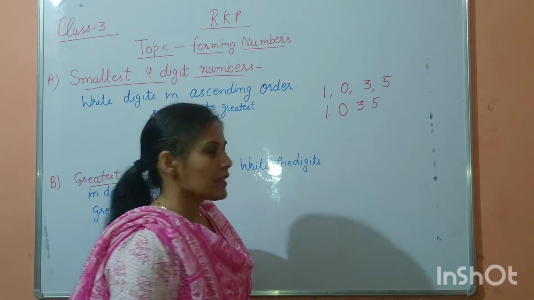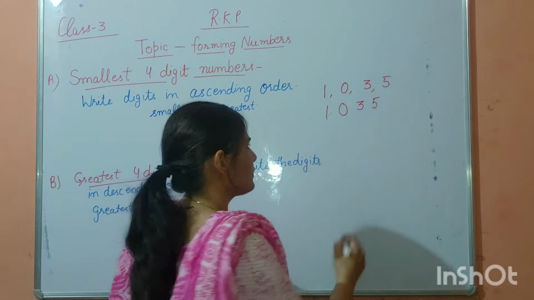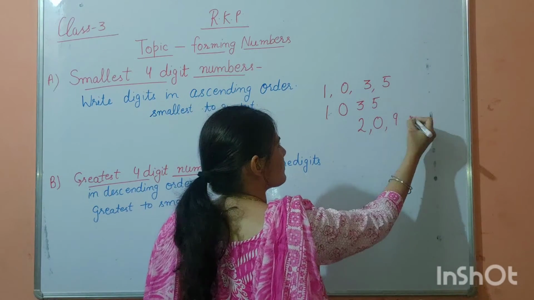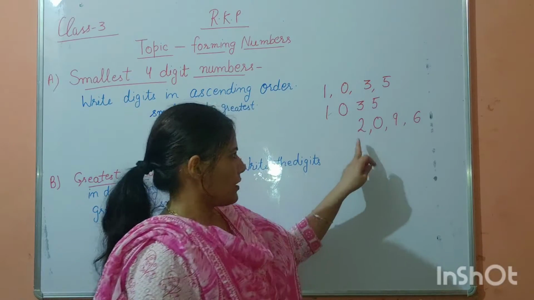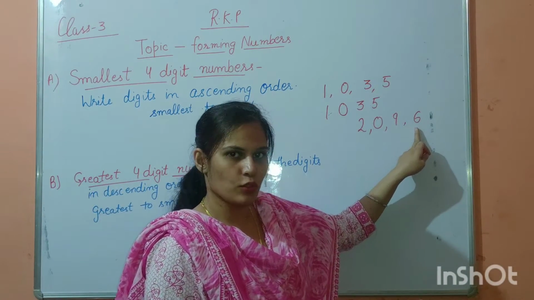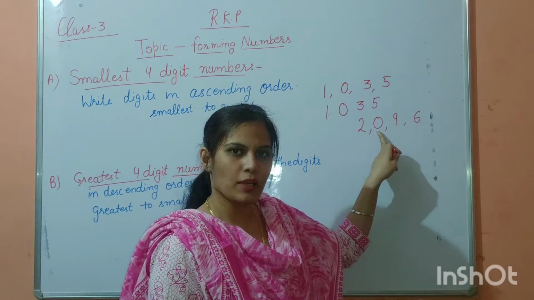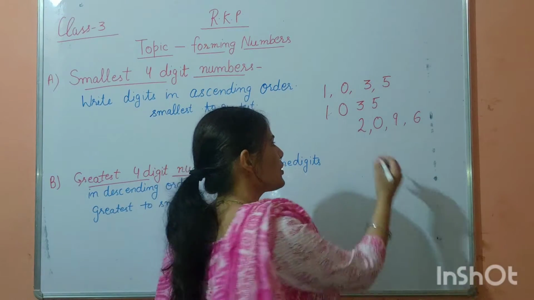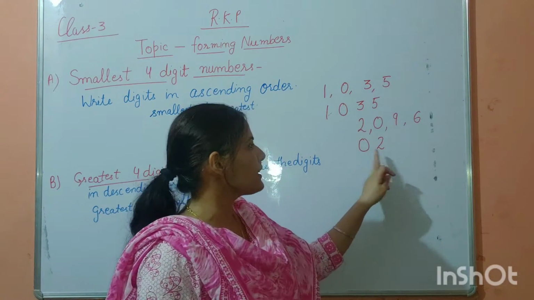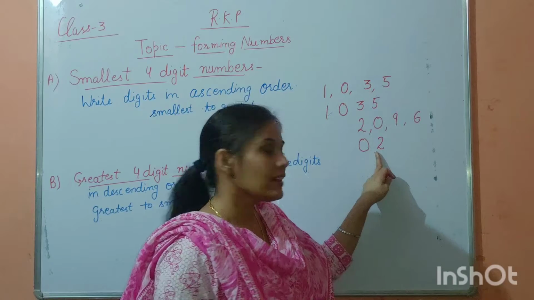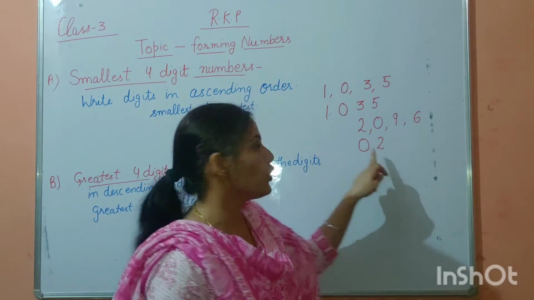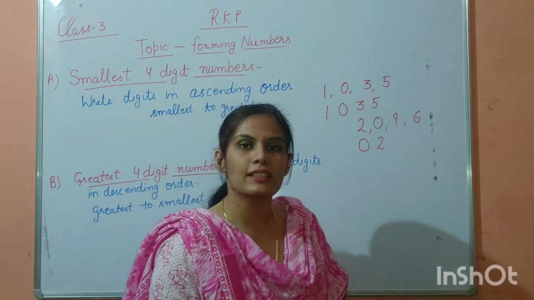Okay students, let's take one more example. 2096. As I told you, 0 is the smallest number, but we can't take it just before any number, because if you take this number like this, then it becomes a 3-digit number, but you want the 4-digit number.